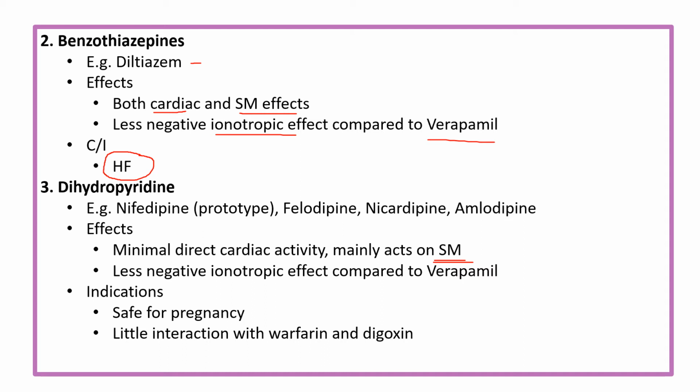Again, they have less negative inotropic effect compared to verapamil, so they don't weaken the contractions as much. These are safe for pregnancy, and they have very little interaction with warfarin and digoxin.